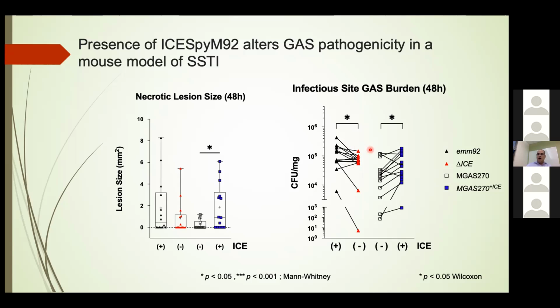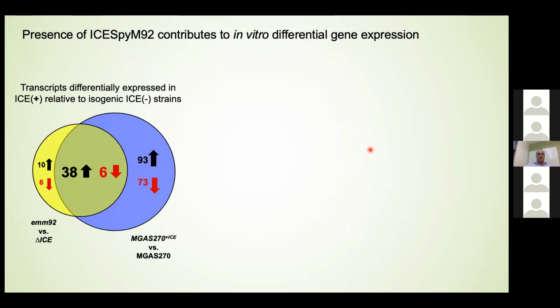So next we wanted to test our hypothesis that ICE-M92 influences global gene expression in the M92 background. And to do that, we did RNA-seq analysis on in vitro cultures of our isogenic strains.